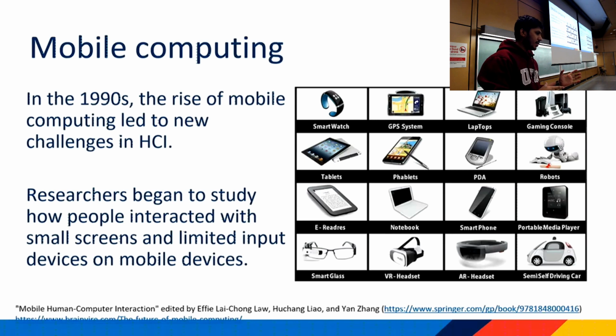And researchers began to study how people interact with small devices like mobile devices, which have limited input. So researchers were traveling in different directions, like mobile devices, computer devices, and all kinds of devices having computational power.